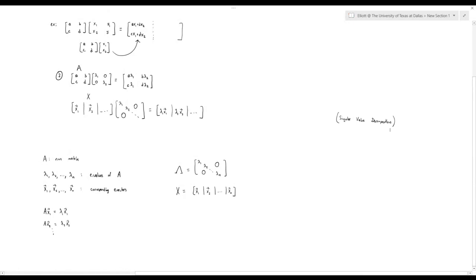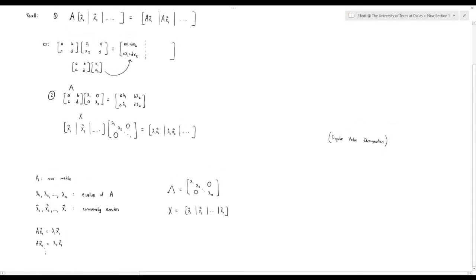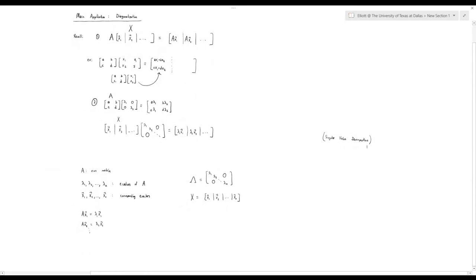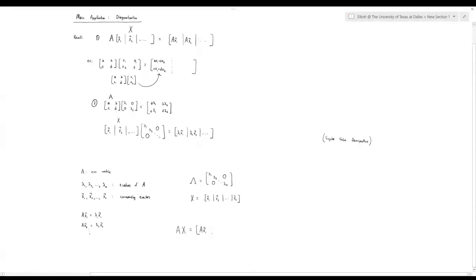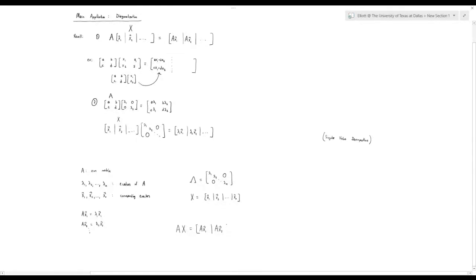Okay, so when we look at the observations that we made earlier regarding matrix multiplication, if we take matrix A and multiply it by this matrix of eigenvectors, according to what we talked about up here, the first column of the product would be A times x1. The second column of the product would be A times x2, and so forth.